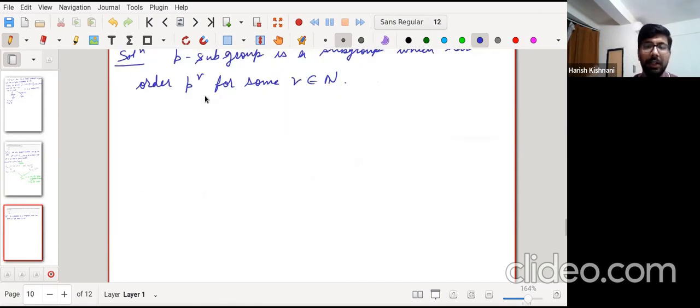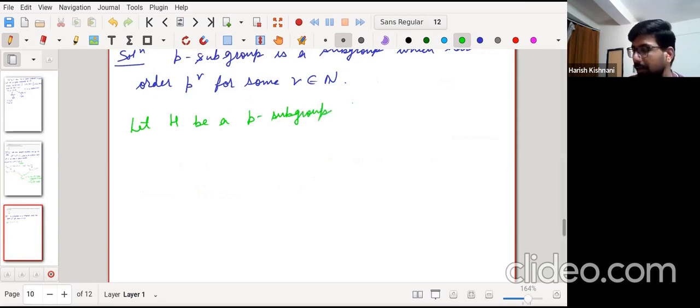So let's see how we can prove this. This question is tricky. 7 and 8 are easy, so they won't take much time. This question will take a bit of time. So let's start with a p-subgroup. Let H be a p-subgroup, and I'm taking T to be the set of all Sylow p-subgroups.